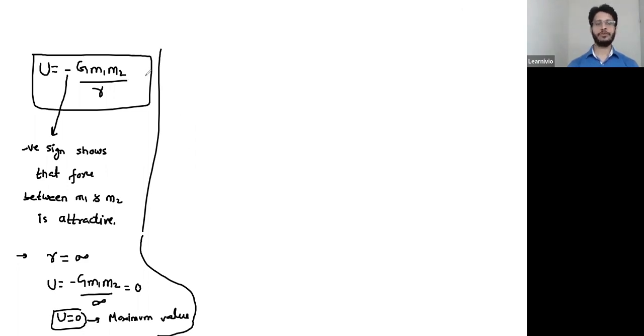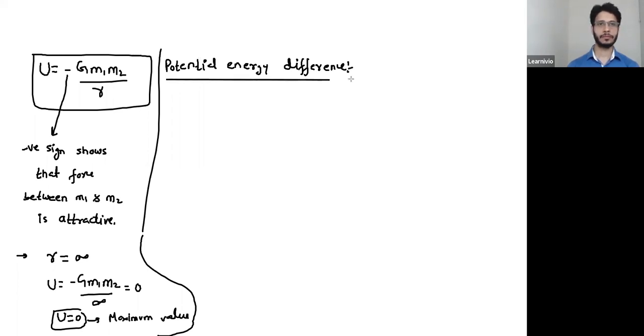Okay, after this value of potential energy, the next is one more small concept, which is potential energy difference. In potential energy difference, let's say this is mass M1.